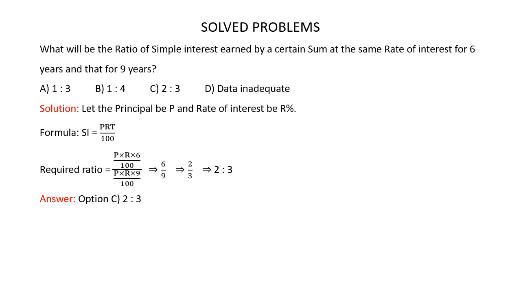On solving this, we get the required ratio as 6 by 9, and on simplifying this we get 2 by 3. So the required ratio is 2 is to 3. The correct answer is option C, 2 is to 3.